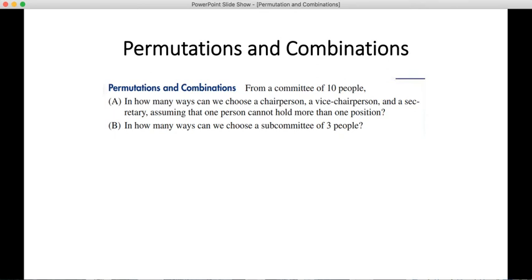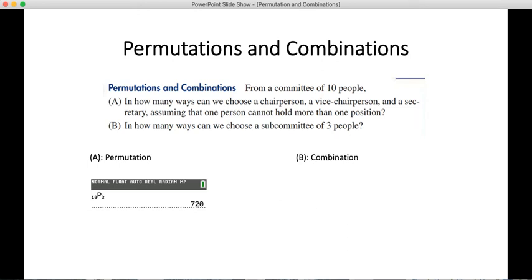So who they are matters. We're not just picking three random people. We're picking a chairperson, a vice chairperson, and a secretary. Since the order matters, since the people are specific, then we have a permutation. And this is a permutation of 10 taken 3 at a time. And so that answer would be 720.